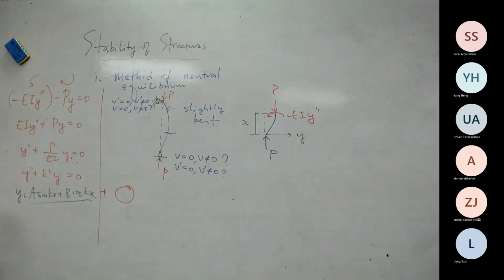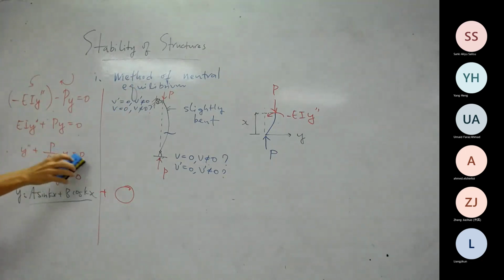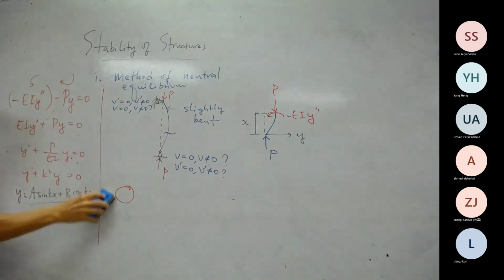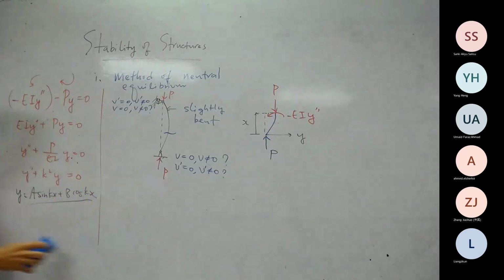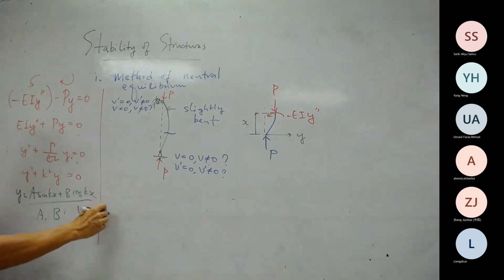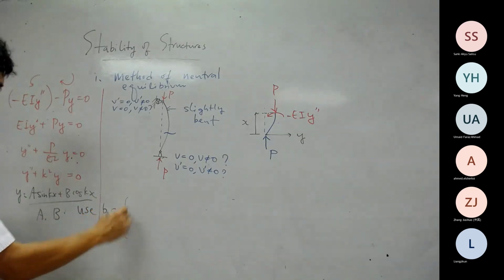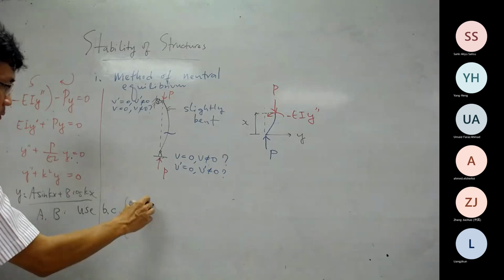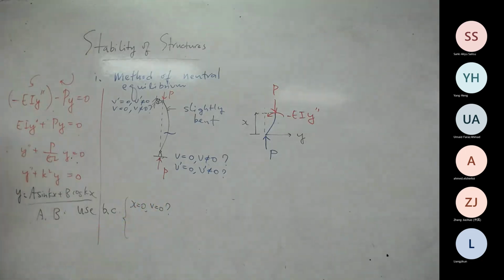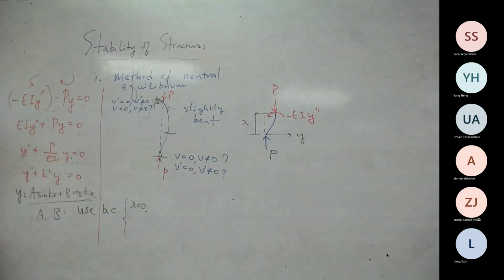So that is the case for other end conditions. But for this end condition, the right-hand side is 0, so you have only this homogeneous solution. To determine A and B, you need to use the boundary conditions. That is, what happens at x equal to 0, what happens to v?